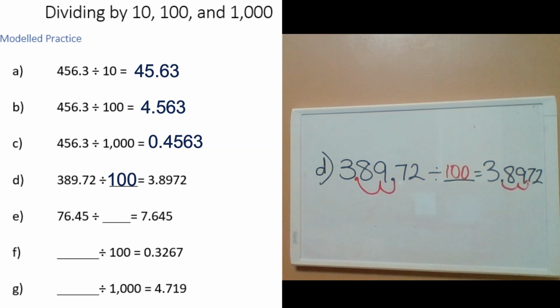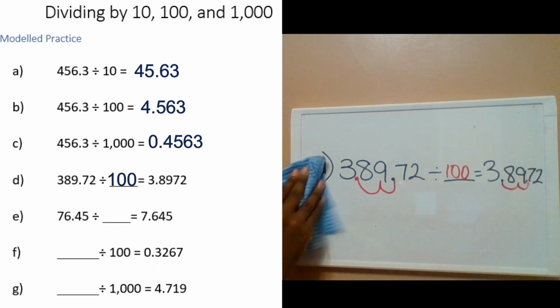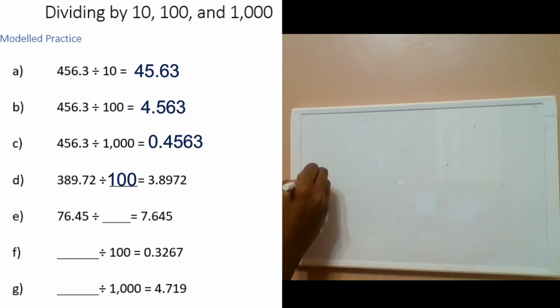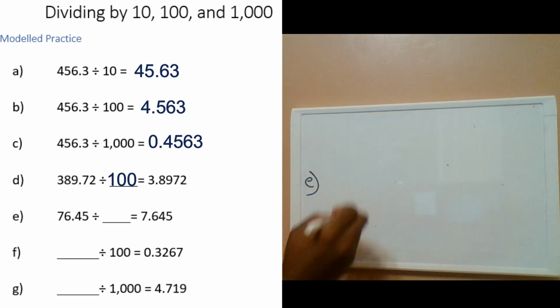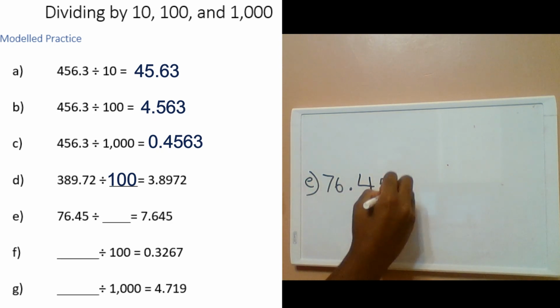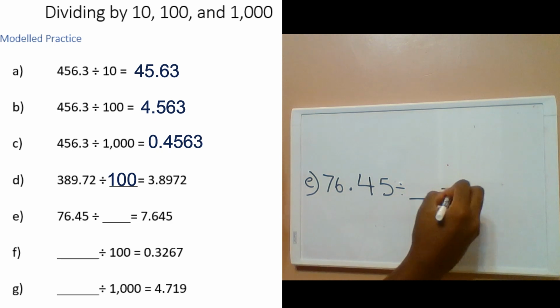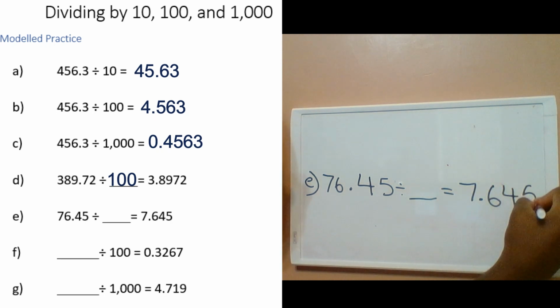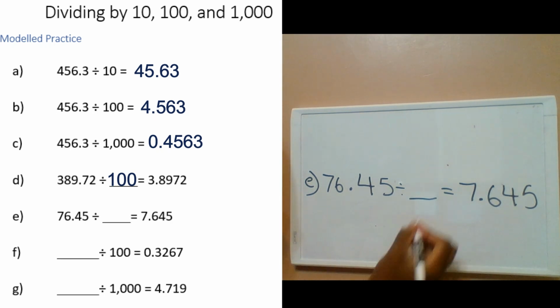Let's try E, which is the same type of problem. $76.45 divided by something gives 7.645. All right, well, all I'm doing is checking how many places the decimal point has moved.